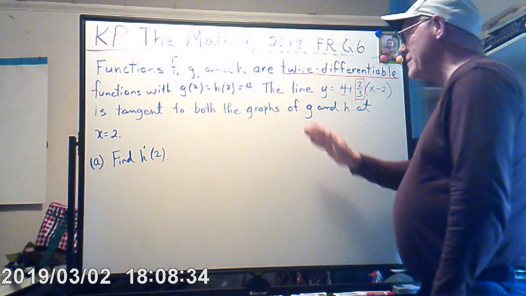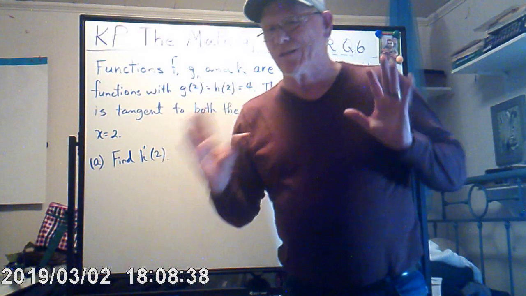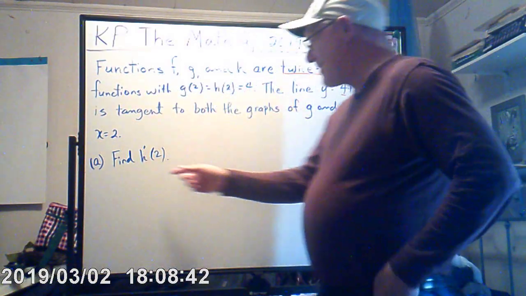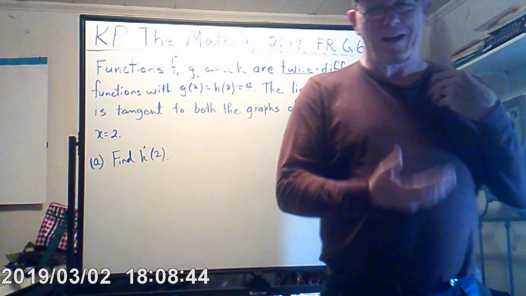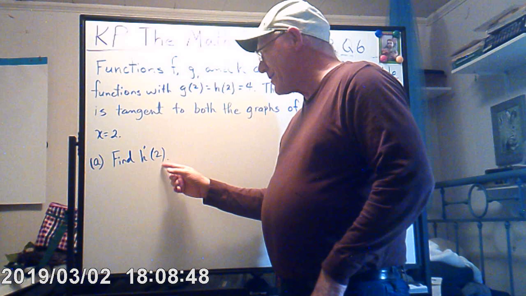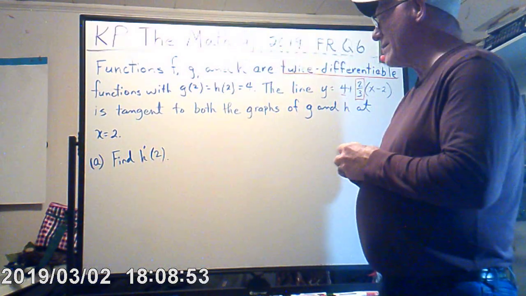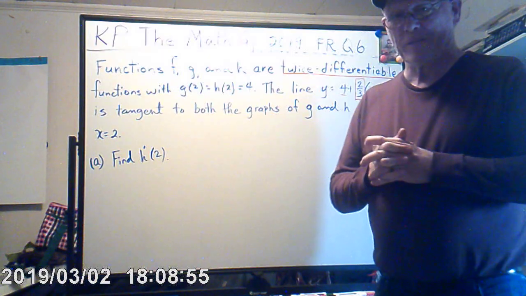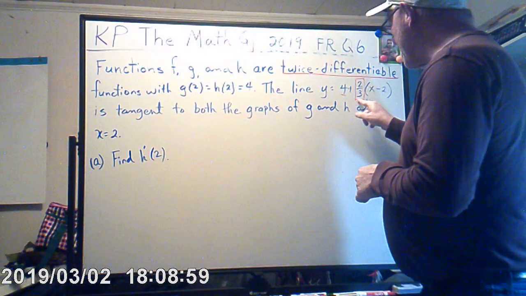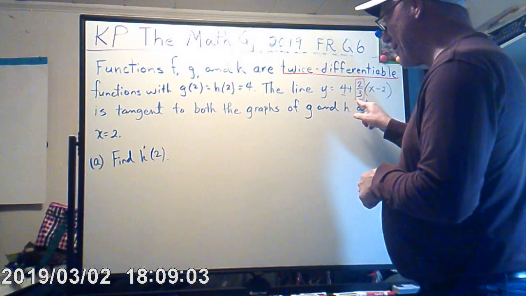We don't even know what the graphs look like. Isn't that sad? And yet they're asking us right off the bat to find h prime at 2. Well, we know that this slope here is equal to 2/3.